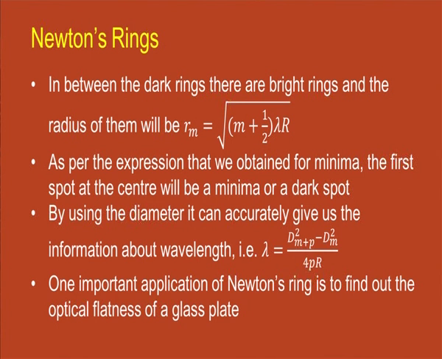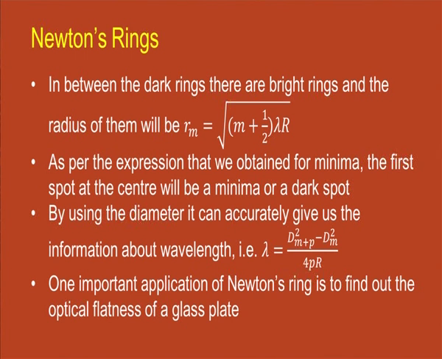In between the dark rings, there are bright rings, and the radius of these bright rings can also be calculated using the figure in the previous slide. If we do the calculation, we find the radius of the bright ring as Rm equal to square root of (m plus half) lambda R. As per the expression we obtained for minima, the first spot at the center will be a minima, or a dark spot.